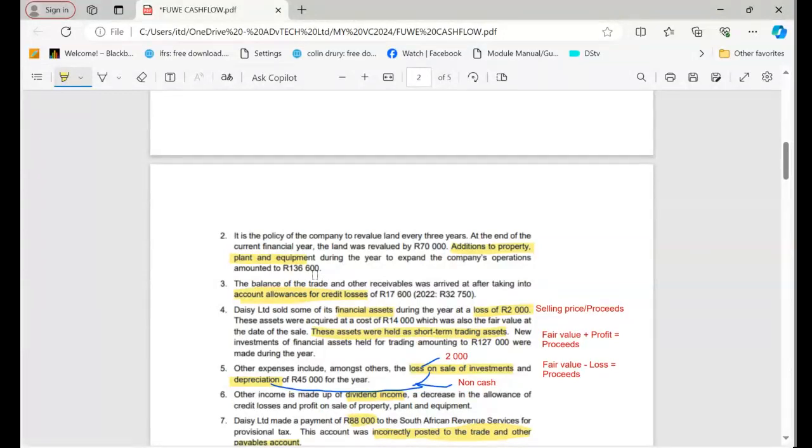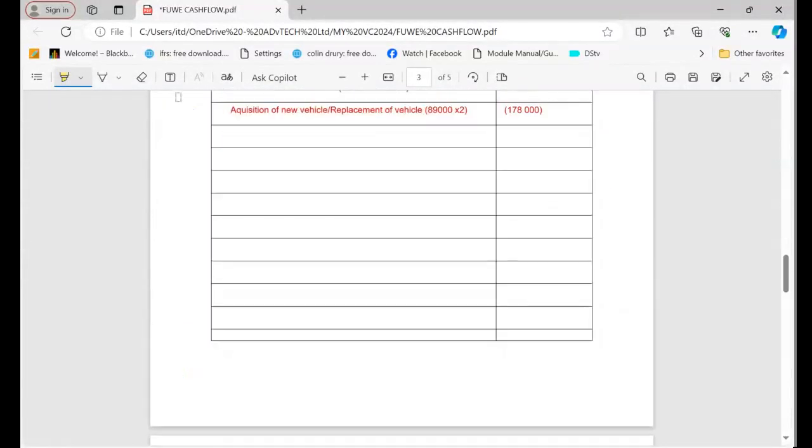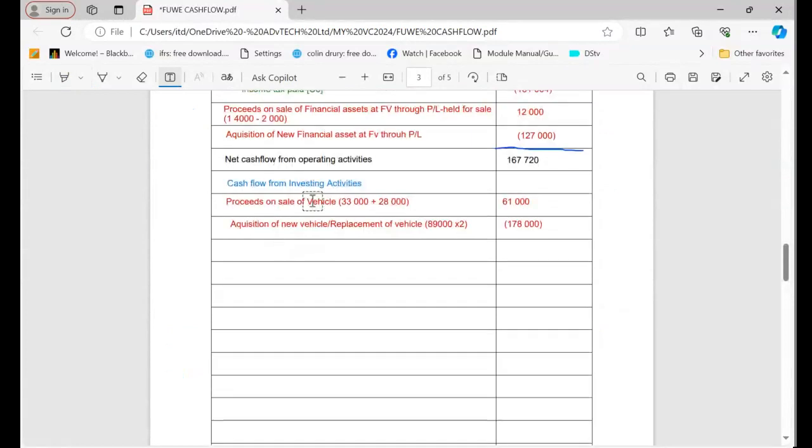They added new property. How much did they add? 136,600. The same way we dealt with the vehicle. Because we've been writing acquisition, I'm going to write acquisition again.